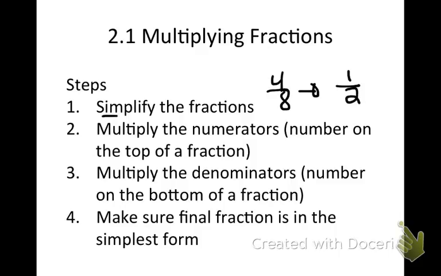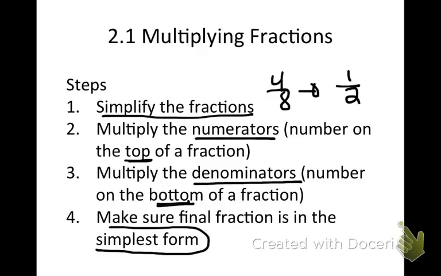We always want to simplify our fractions first. Then I'm going to multiply the numerators times each other. Remember, that's the number on the top of the fraction. Then I'm going to multiply the denominators, the bottom. Then I want to make sure my final fraction is in the simplest form. Maybe the directions won't always ask you to do that, but it's understood that fractions are always in the simplest form. When you're ready, we're going to move on.